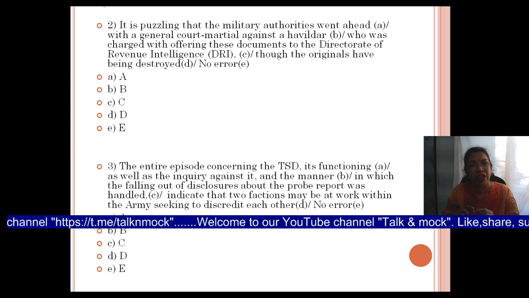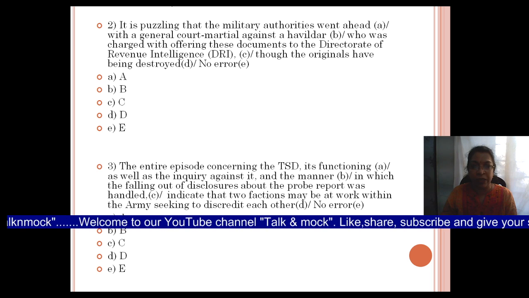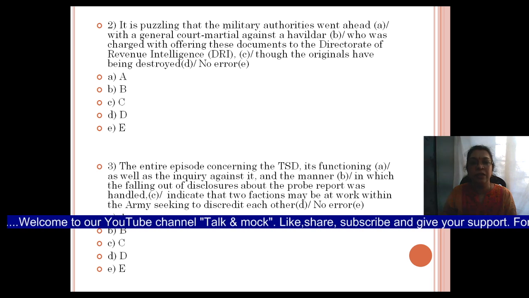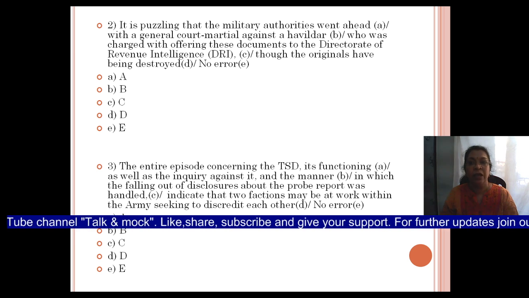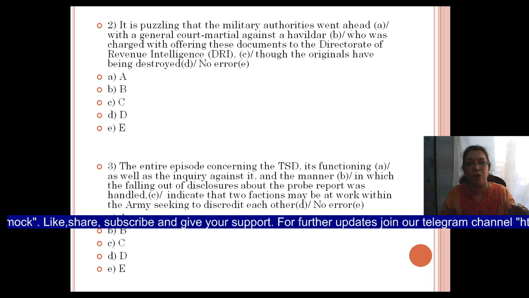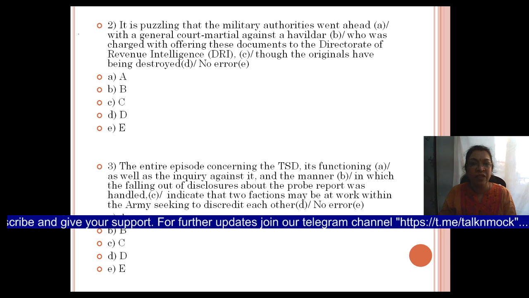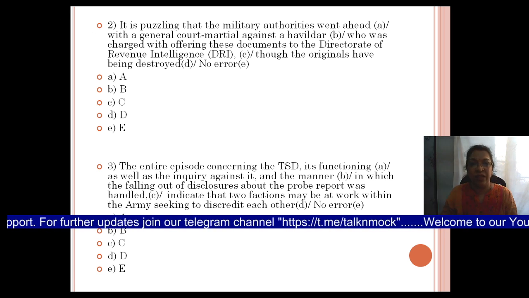In the same way we need to read it very slowly, step by step. It is puzzling that the military authorities, so till then no errors, went ahead. See, this is in past tense, so there is no problem of subject-verb agreement. Went ahead with a general court martial against a havildar.